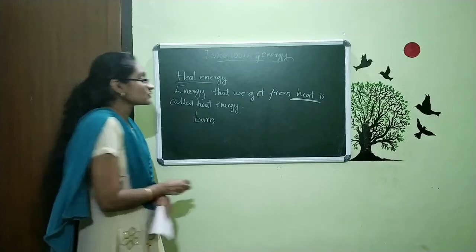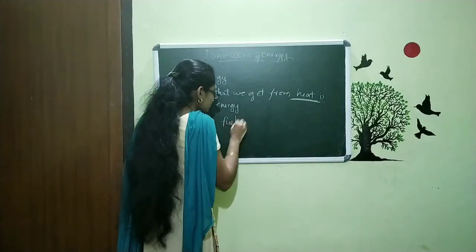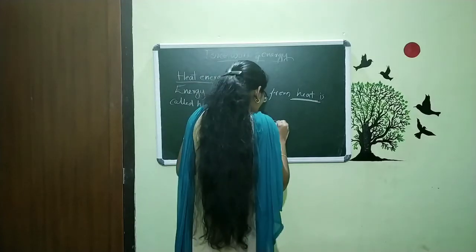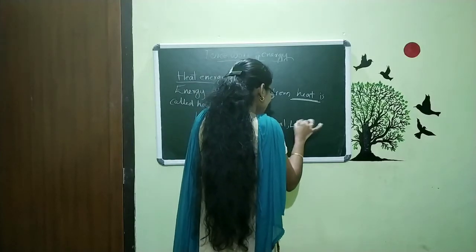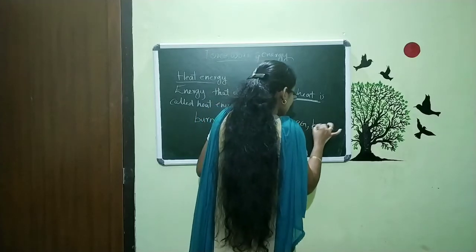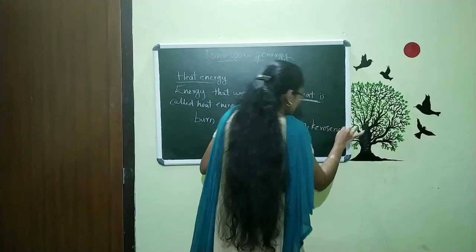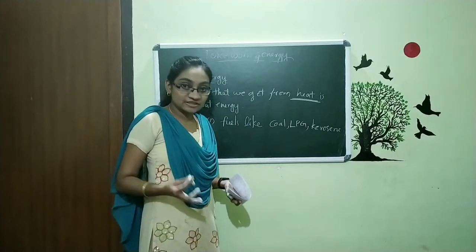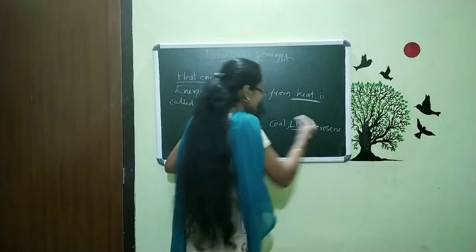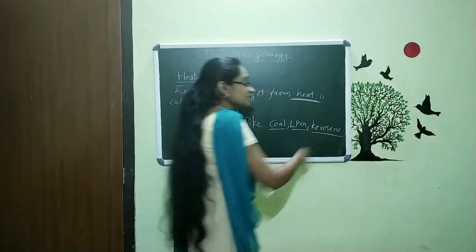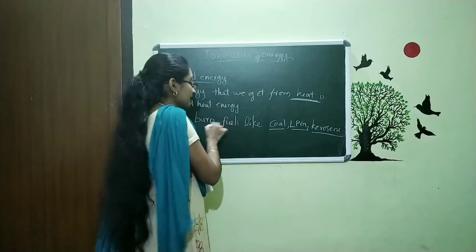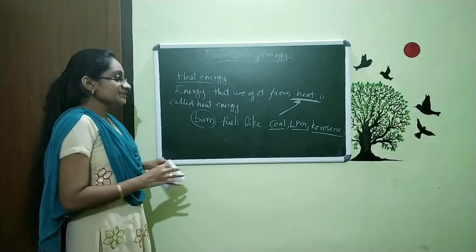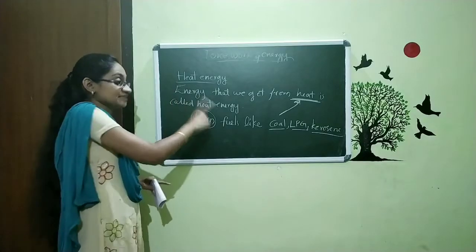We burn fuels like coal, LPG, kerosene, etc. The LPG that we use in our kitchen to cook food, coal, kerosene, when we burn them, they produce heat. And so the energy that we get from heat is called heat energy.